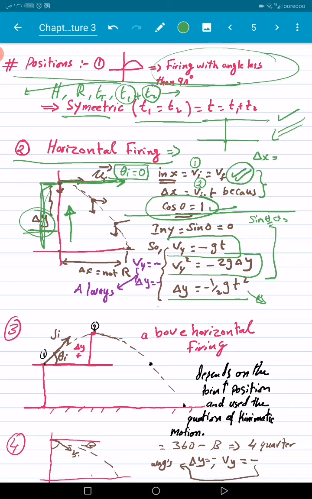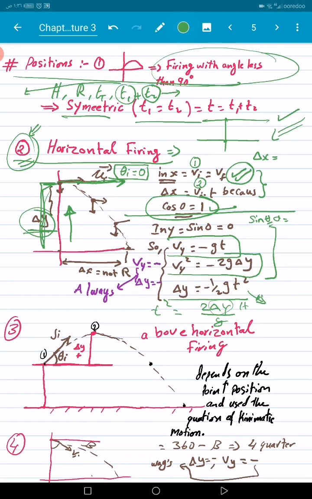So t squared is equal to 2 delta y divided by g. If it's for the maximum height, just change this to h, so it is the same equation. That is the important thing in the second part, when I fire from horizon.